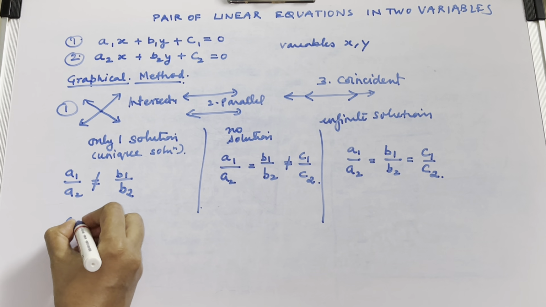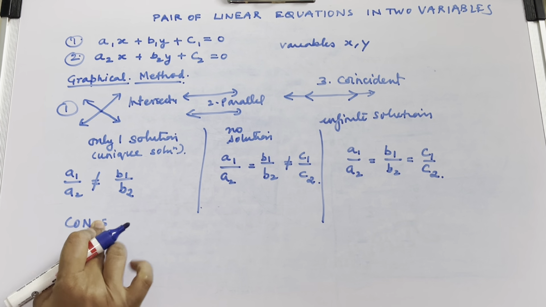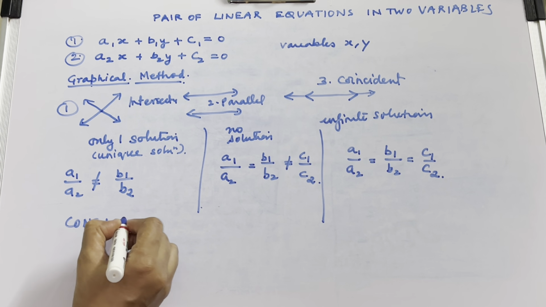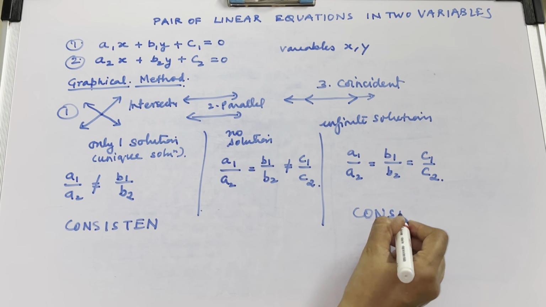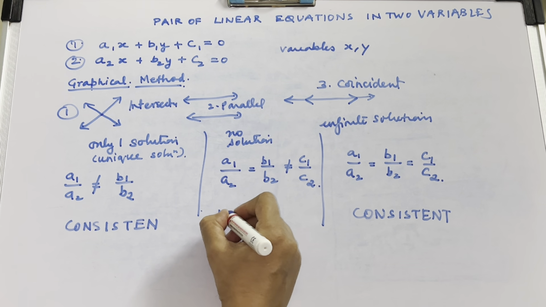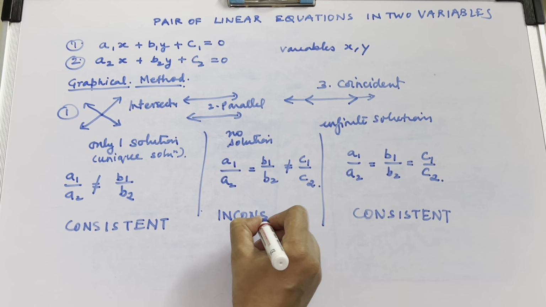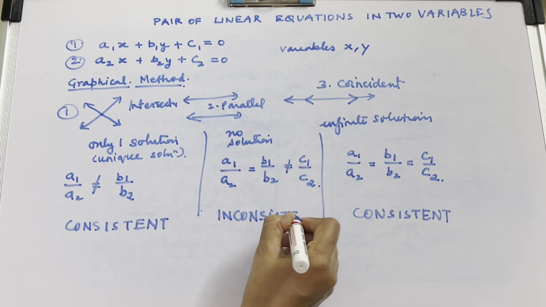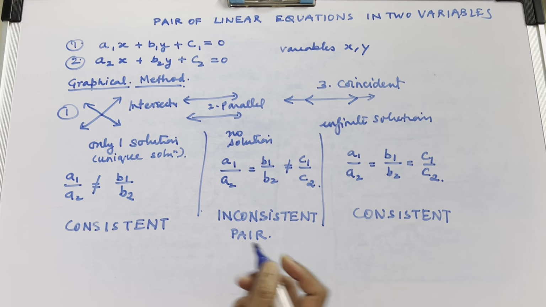Further, the pairs which have a solution, here one solution and the coincident lines with many solutions, are also referred to as a consistent pair of equations. This is consistent, this is also consistent, and this is inconsistent. Where there is no solution, it is referred to as an inconsistent pair of equations.